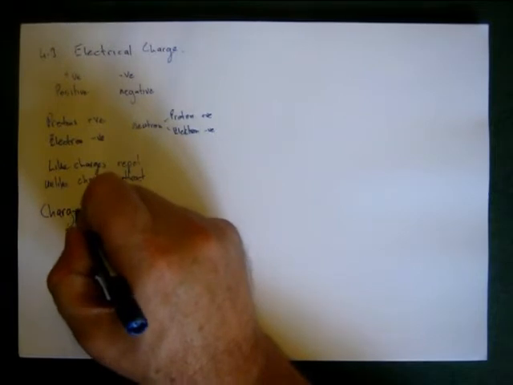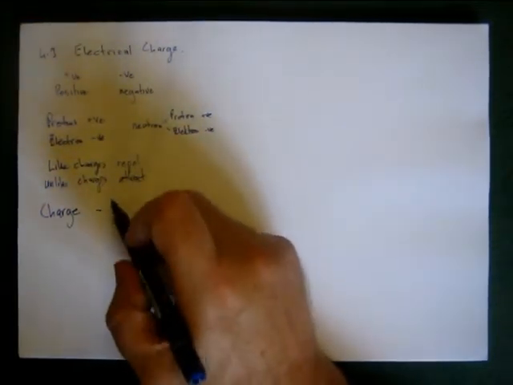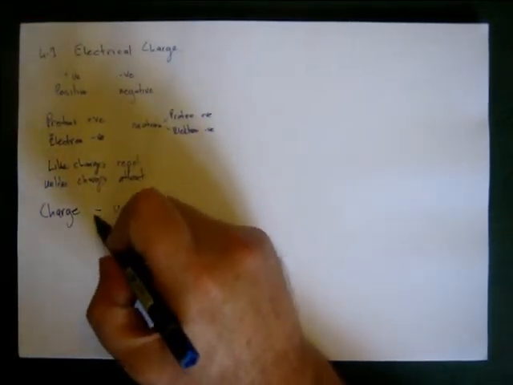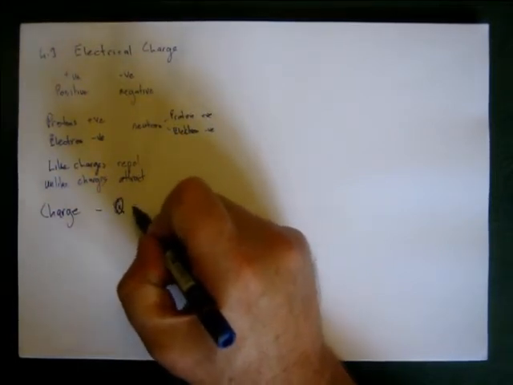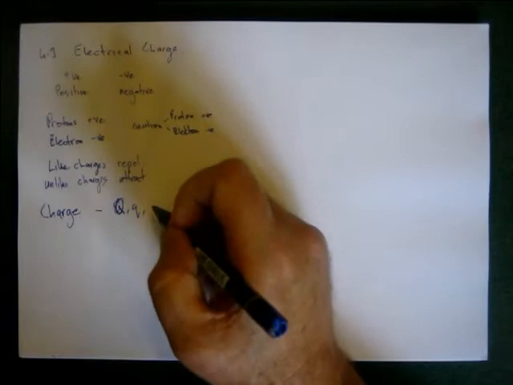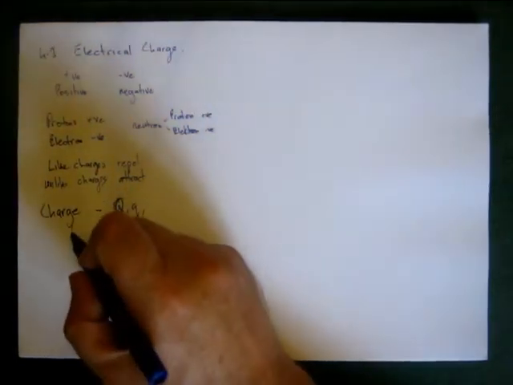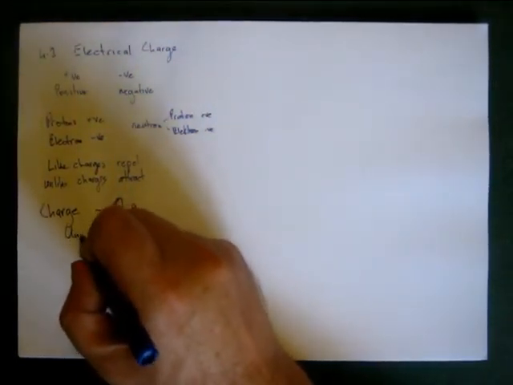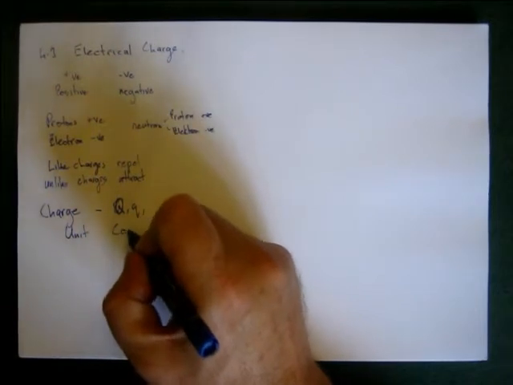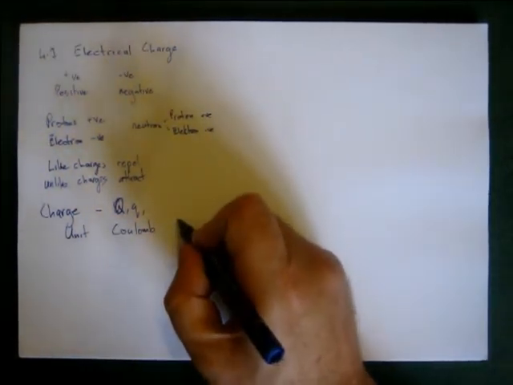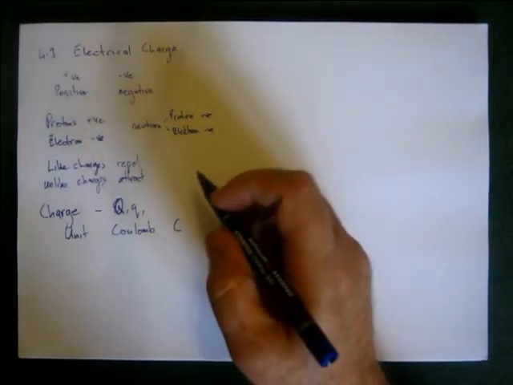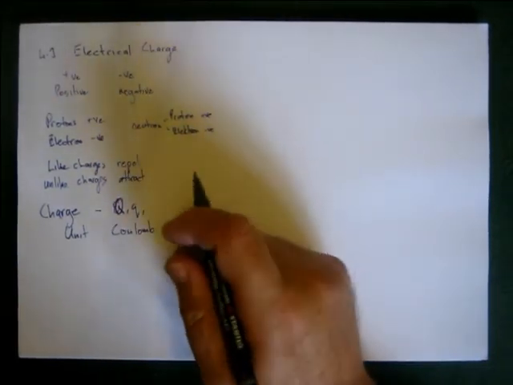So next, let's talk about the unit of charge first of all. The symbol for charge is Q, or sometimes little q, and the unit is the Coulomb. We draw that as a capital C, because Coulomb is a real person.